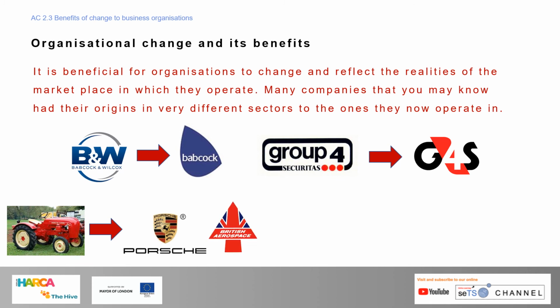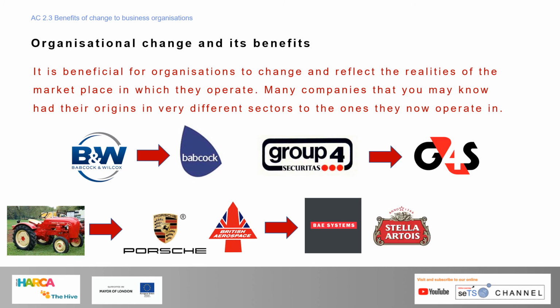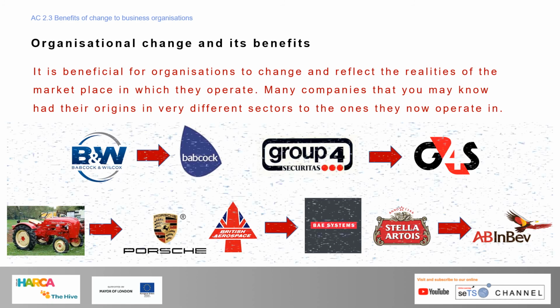British Aerospace was purely an aircraft manufacturer, and although through mergers and purchases they now build submarines, ships, planes, tanks, small arms, missiles, etc. Stella Artois. Stella took over other companies around the world to become InBev, and they now run pubs, hotels, and make spirits, wines, and of course beer all around the world.